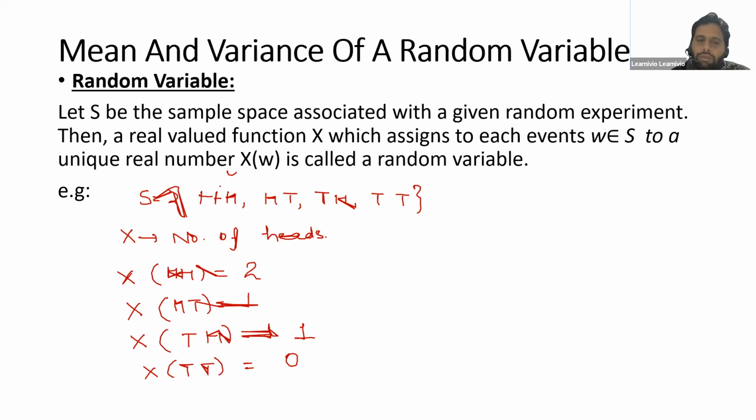So what we are doing is, to each event, we associate a number, which is called a random variable. Here, HH is associated with 2, HT with 1, TH with 1, and TT with 0. When you associate each event with a number, that is called a random variable.